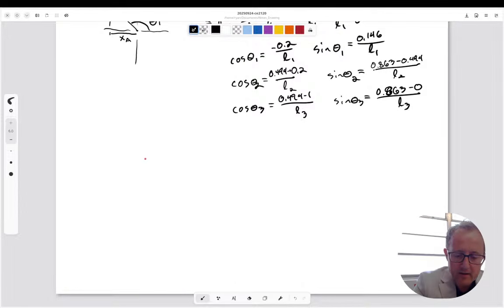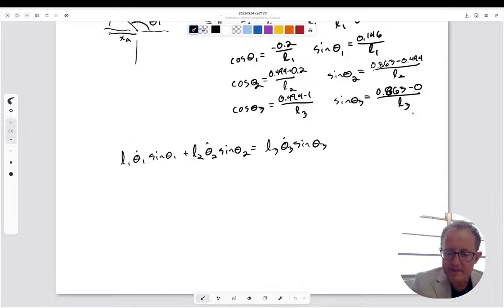So I'll write out everything. L1 theta 1 dot sine theta 1 plus L2 theta 2 dot sine theta 2 equals L3 theta 3 dot sine theta 3. And I can start replacing this stuff. So sine theta 1 was 0.146 over L1.